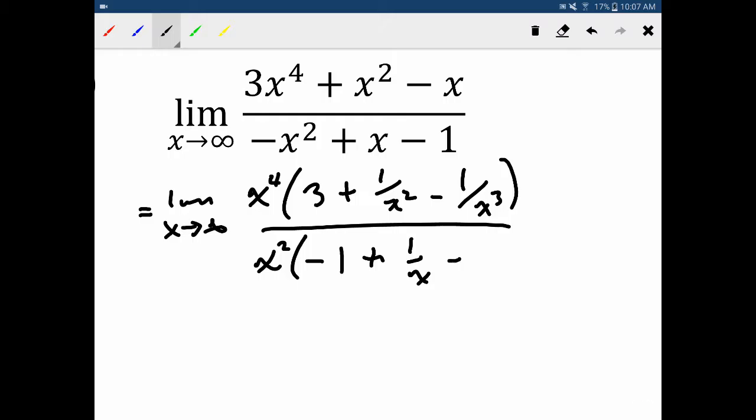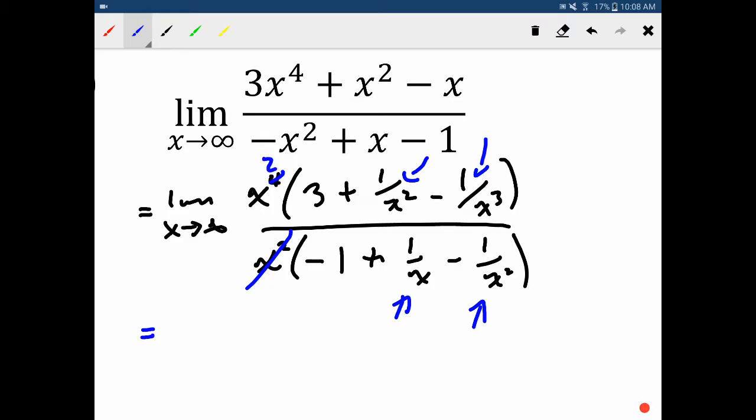Minus 1 over x squared. Okay. So again, this one, this one, this one, this one, they're all going to equal 0. Okay, now the other thing is we've got an x squared here that can cancel with that, and that can reduce to a 2.